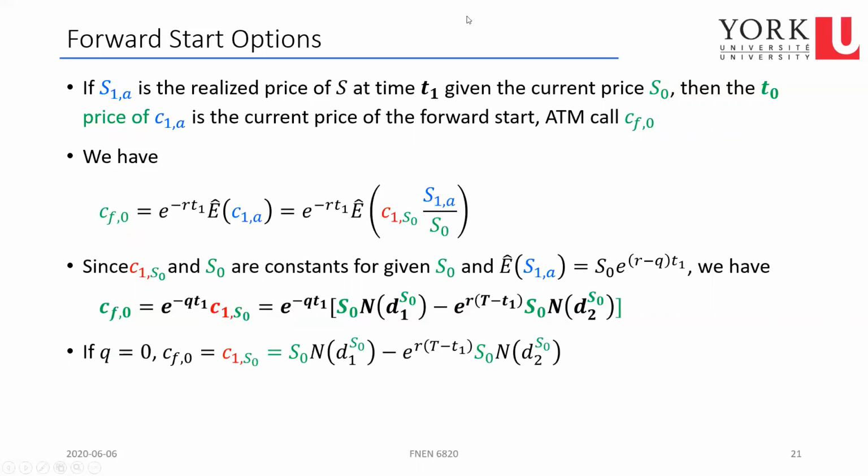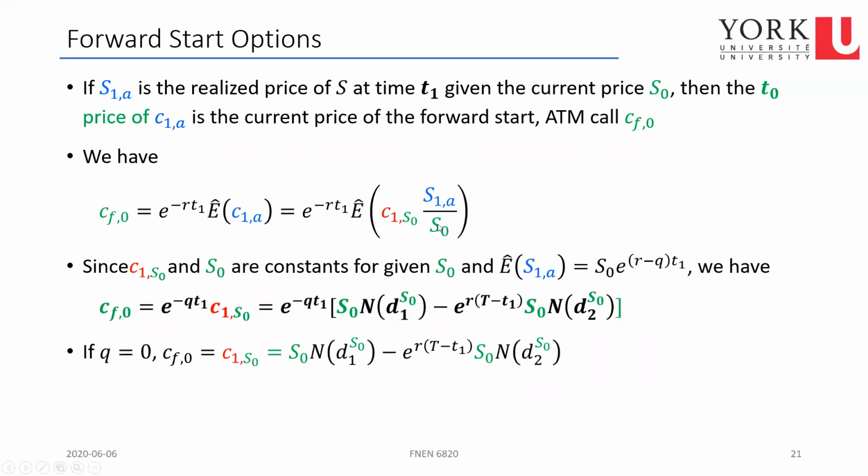Now if you derive that, you pull this out, and what's the expected value of this S1A? The expected value at time T1 is really the current price times e to the power of (r minus q) T1. So this is the risk neutral expectation here. Okay, so we know this, we can plug this in.